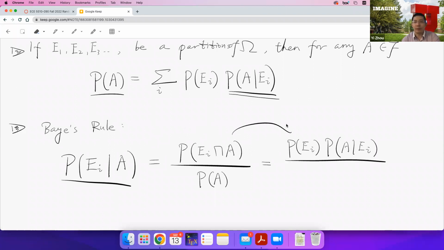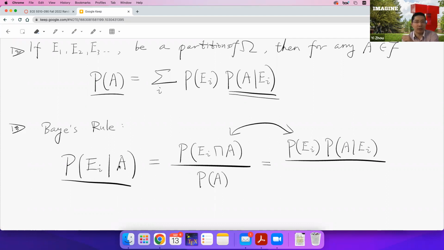Right. So this is by the definition of conditional probability. So here you can see that on the left-hand side, we are talking about the probability of EI given A. But once we do such a decomposition, in this representation, it involves probability of A given EI. So it's the other direction.